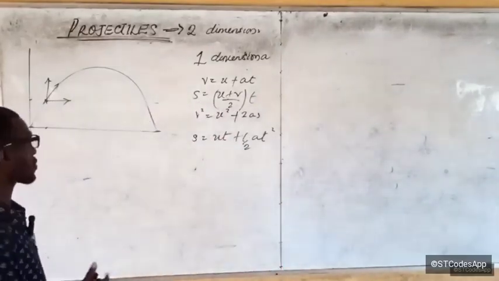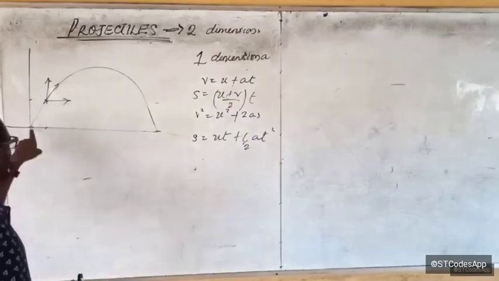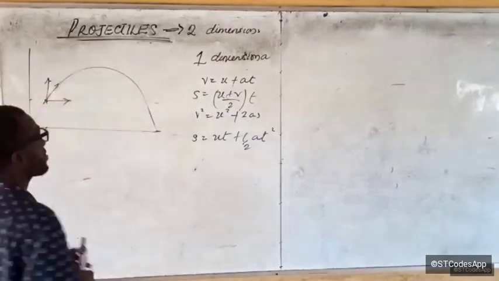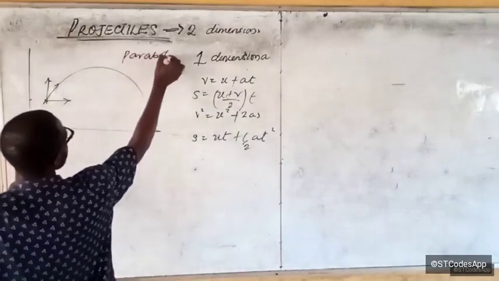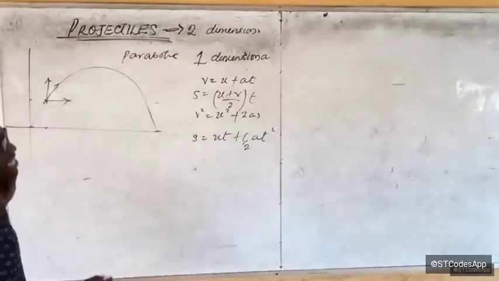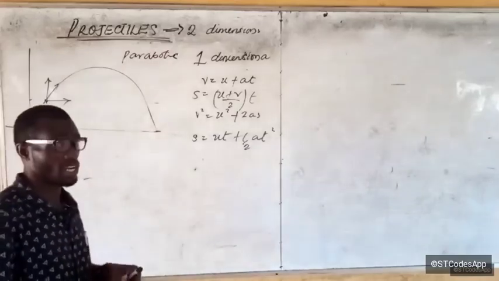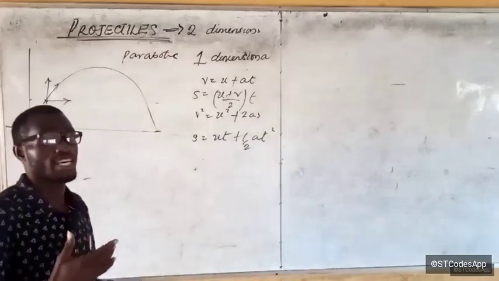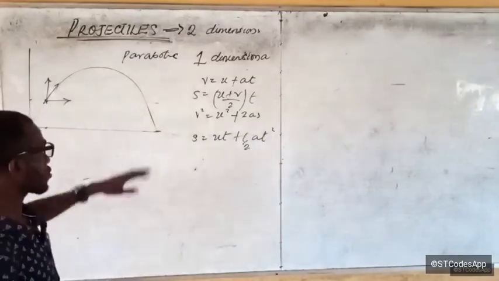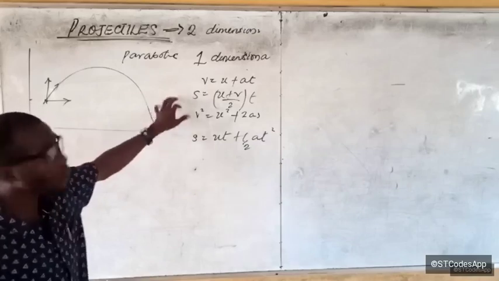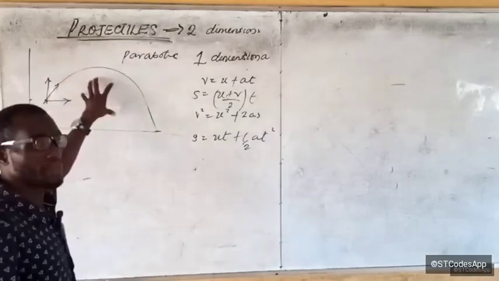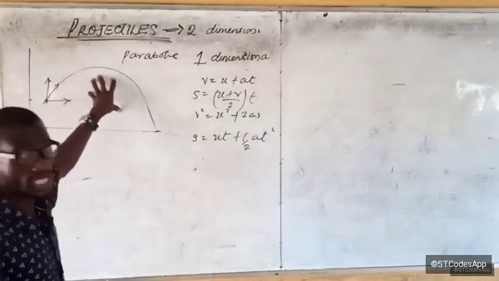Now, what is the use of this? First, we say that the curve is parabolic. Parabolic means that what kind of equation gives us a parabolic curve? A quadratic. So that shows you that at the end of the day, we should arrive at a quadratic equation when we work on the path or the trajectory.